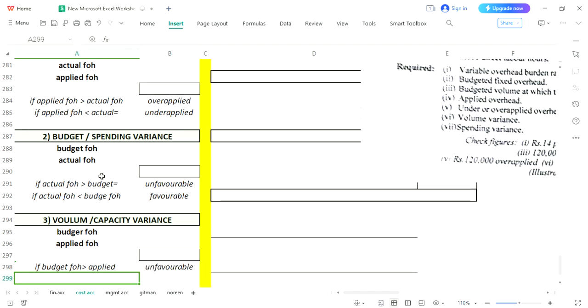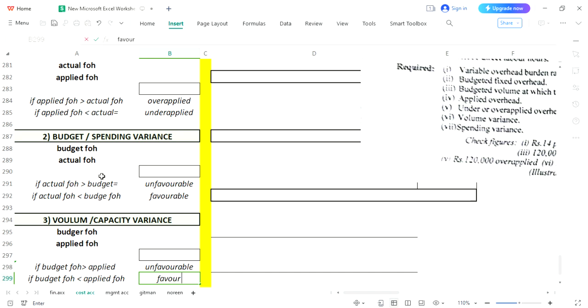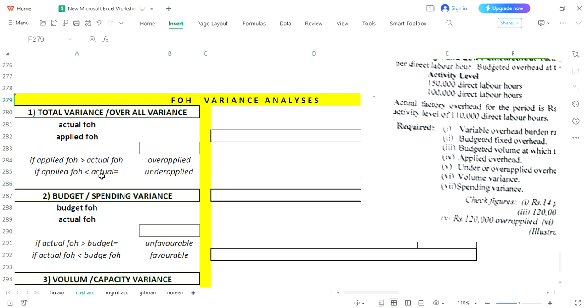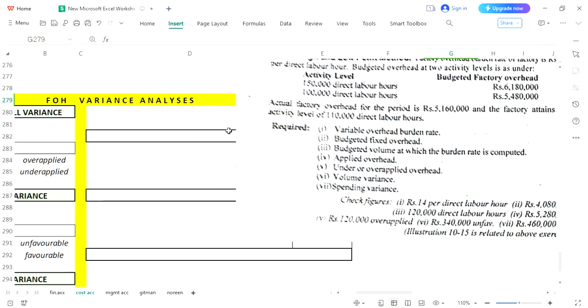Why? Budget is the actual amount which you are going to arrange. So if you are arranging more than that of your thought, it would go unfavorable. And if budget FOH is less than your applied FOH, it would be considered as favorable. So this way you will complete your left page and then you will start your calculation at the right side.